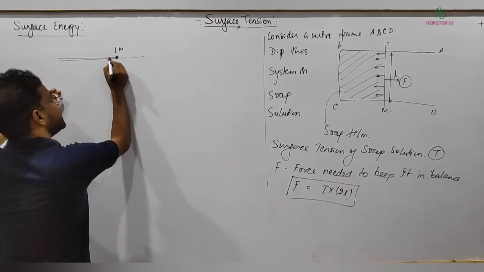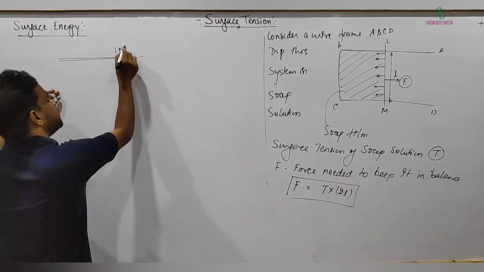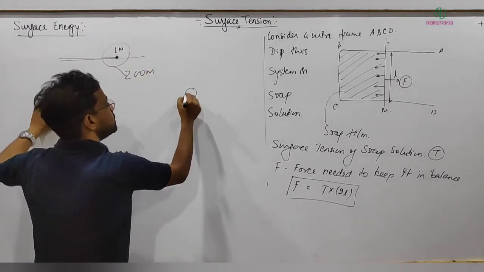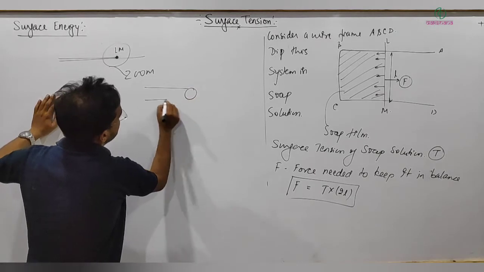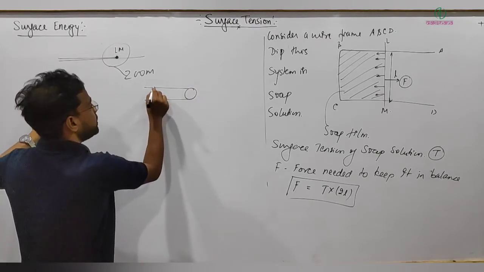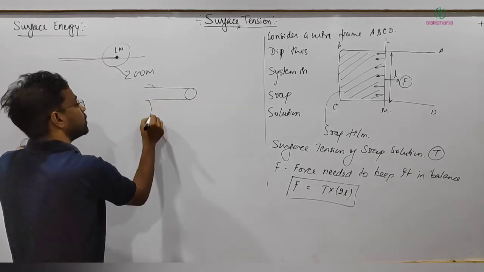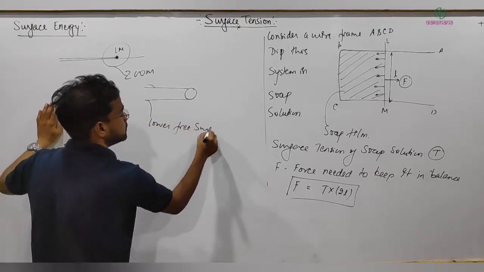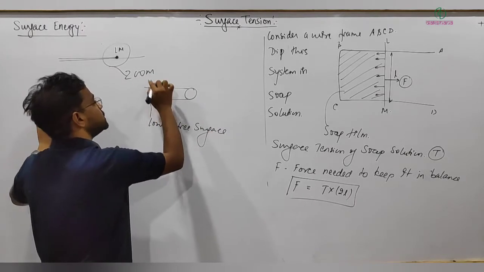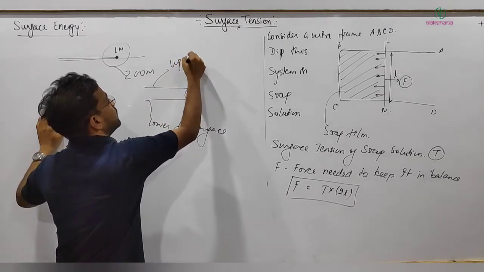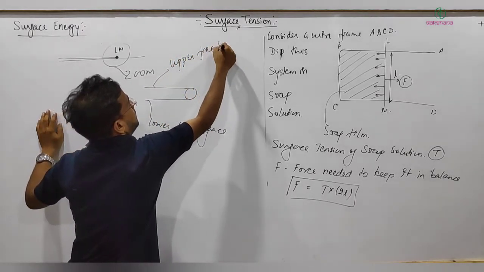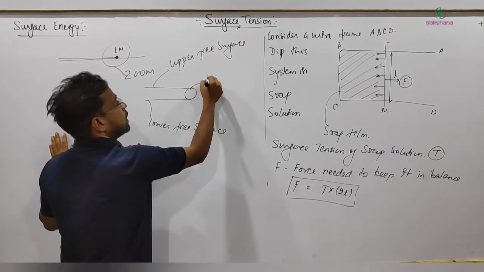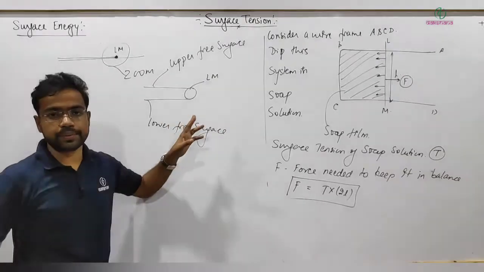So one surface will be up, another surface will be down. So this is the upper free surface, the lower free surface, and this is your LM rod.